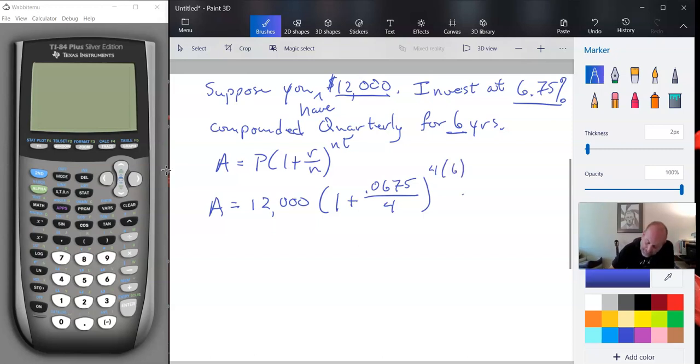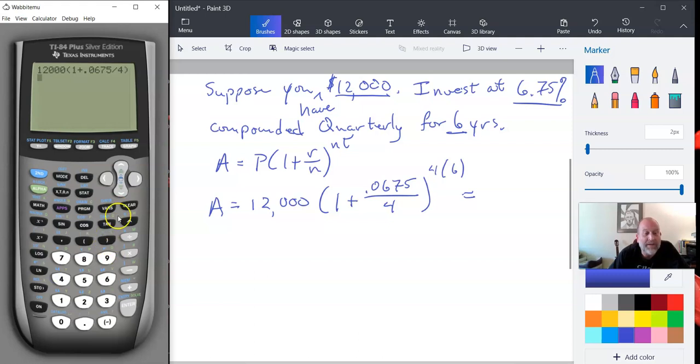So the idea is to plug this entire expression into your calculator so that you can get it. And I'm going to do it 2 different ways, because not every calculator shows the whole expression as you're typing it. So if it does show the whole expression, you can type it in exactly how you see it. You have 12,000 times 1 plus R, which is 0.0675 divided by N, which is 4.